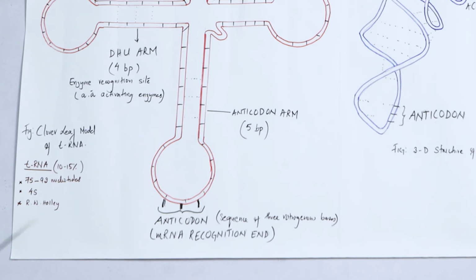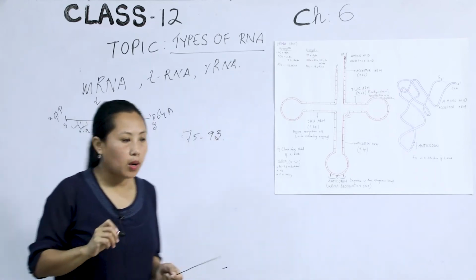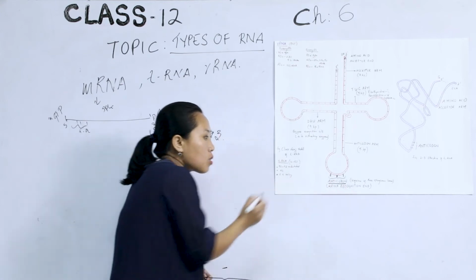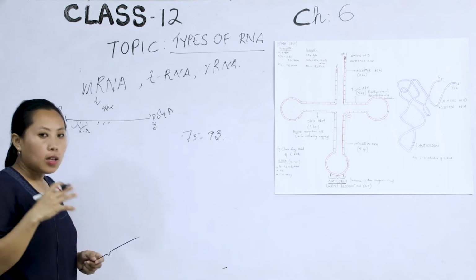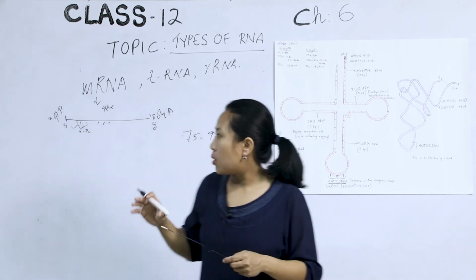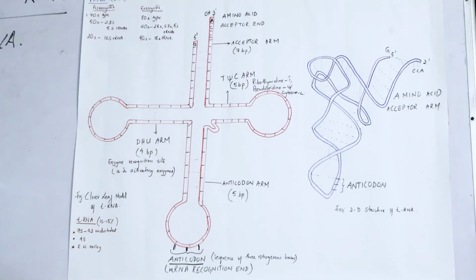The purpose of this anticodon is that it is able to read the codon sequence on the mRNA. It binds to the mRNA temporarily, and as such this tRNA brings the correct amino acid for the formation of the peptide bond. This is the anticodon arm, a 5 base pair arm.